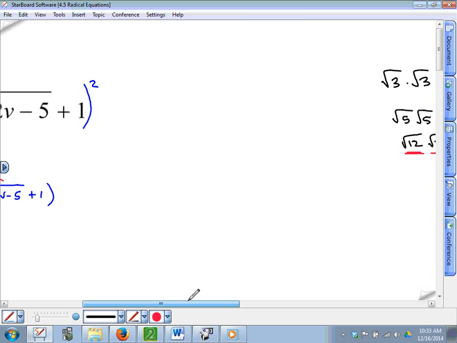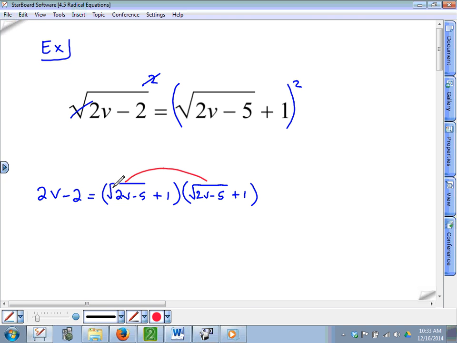Whatever you had on the inside of it. So if you're multiplying the square root of 2v minus 5 multiplied by another square root of 2v minus 5, all you get is 2v minus 5. If you multiply a square root with another square root that matches it exactly, essentially the square root disappears and you're just left with what's on the inside.